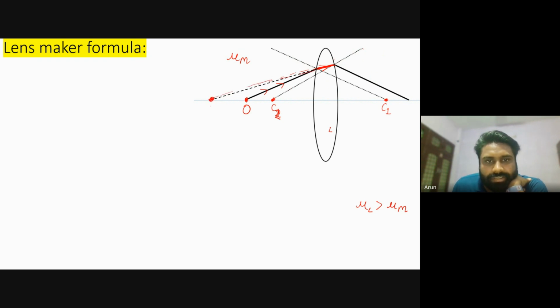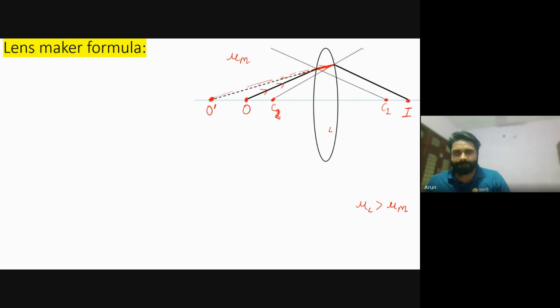And this is the object dash. Why I'm writing it as object dash, I will tell you. So for this object, we have a final image here. This is I. Now, for this surface, this ray is responsible for the image creation.